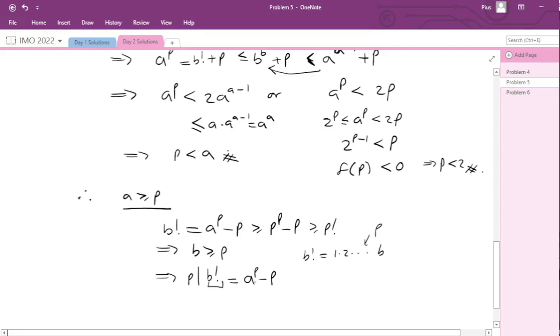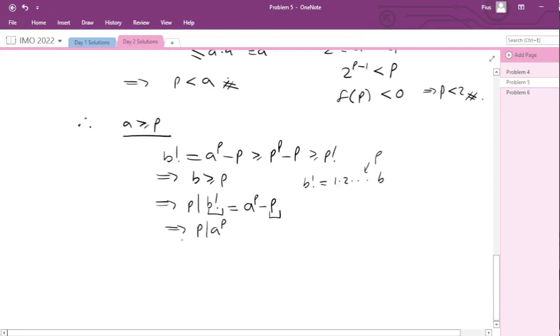So it already divides b factorial and clearly divides p. So from what we did before, it has to divide the third part, which is this. And since p is prime, it must divide a. So this means that we can write a as some p times k.